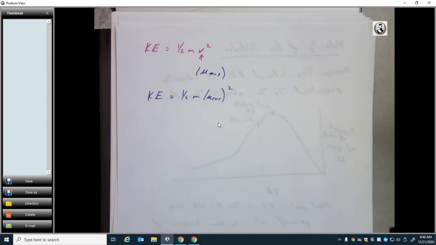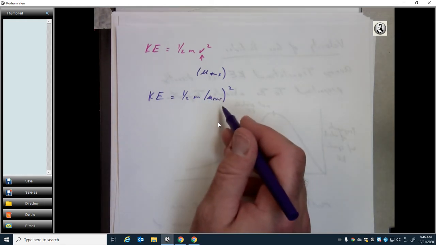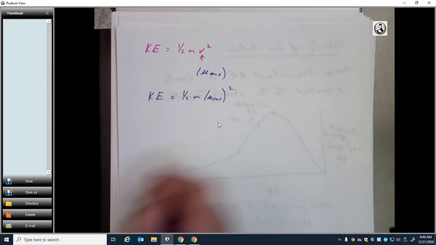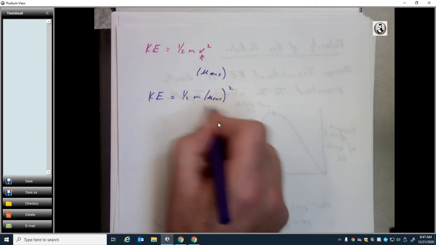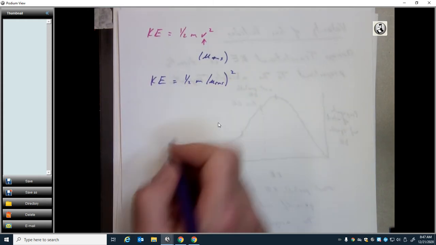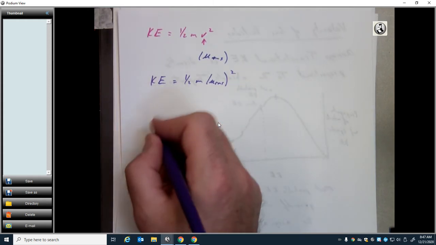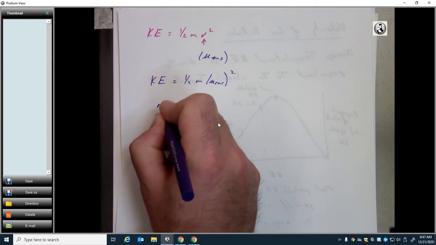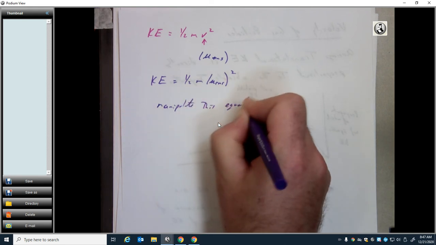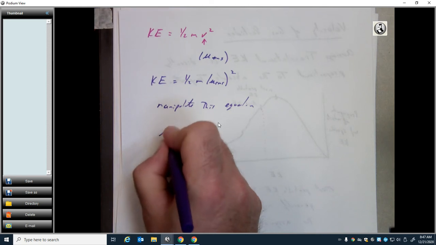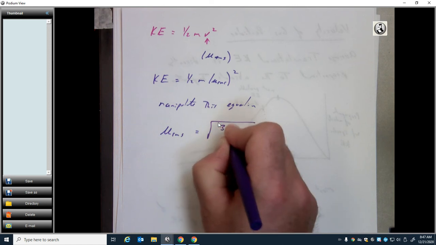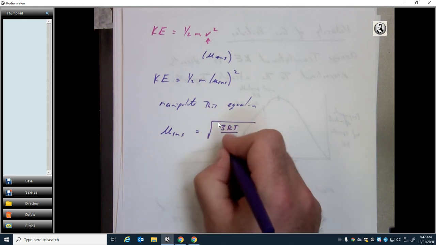Well, how do we calculate this root mean square? Well, we can rearrange this equation, because this root mean square speed is really what we're trying to look for when we're talking about gas particles. Right, so we can take this equation and manipulate it, and we can end up with our root mean square equal to the square root of 3RT over the mass.